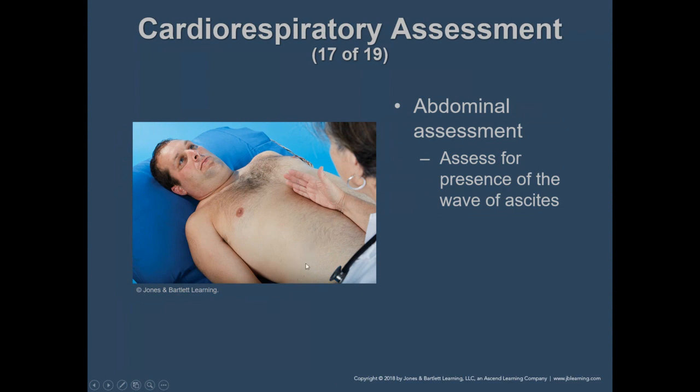So as you poke the side of them, for lack of a better term, you shift that fluid. If they're mismanaging fluid, you're going to feel a wave come over here and hit your hand. Right?